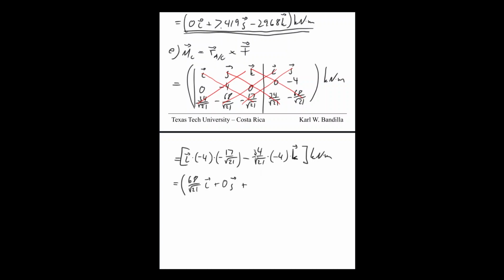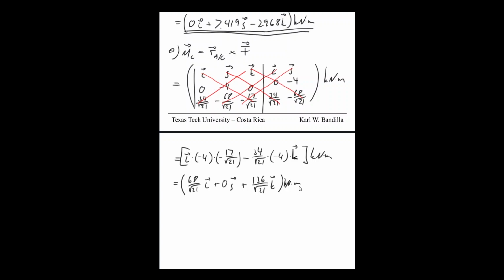That would be 68 times 2 is 136, over square root of 21, K.